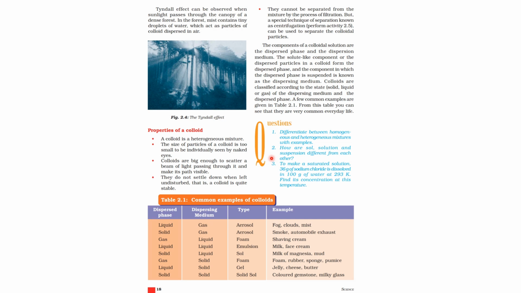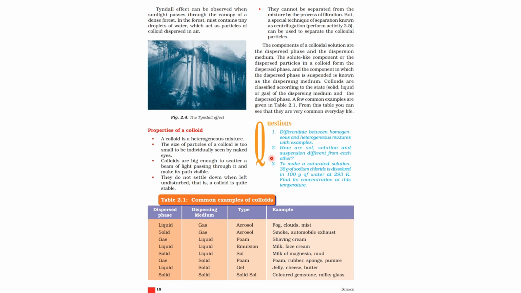It appears homogeneous, but it is heterogeneous. Particles are visible with the help of an electron microscope. And particle size ranges from 10 to the power of minus 7 cm to 10 to the power of minus 5 cm. Examples: gold sol, milk of magnesia, etc.